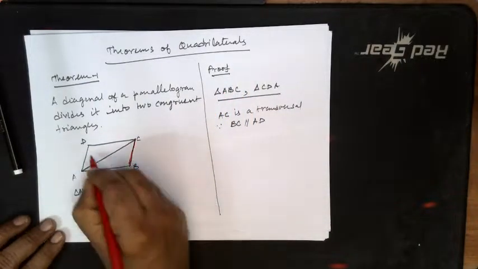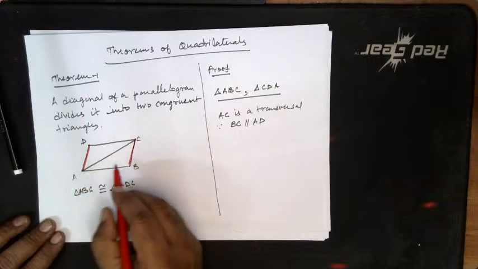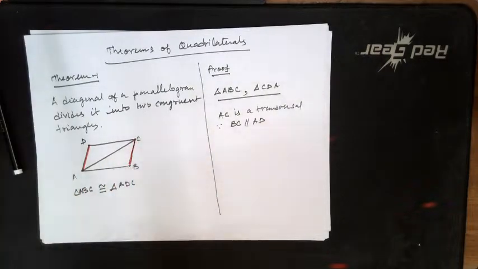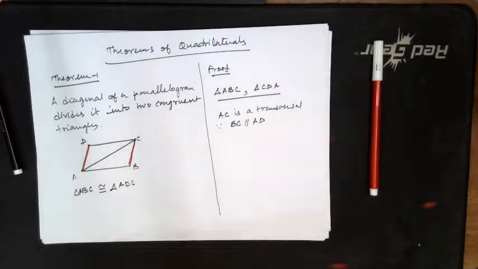Therefore, AC acts as transversal. What do you mean by transversal? A straight line intersecting parallel lines. Okay?